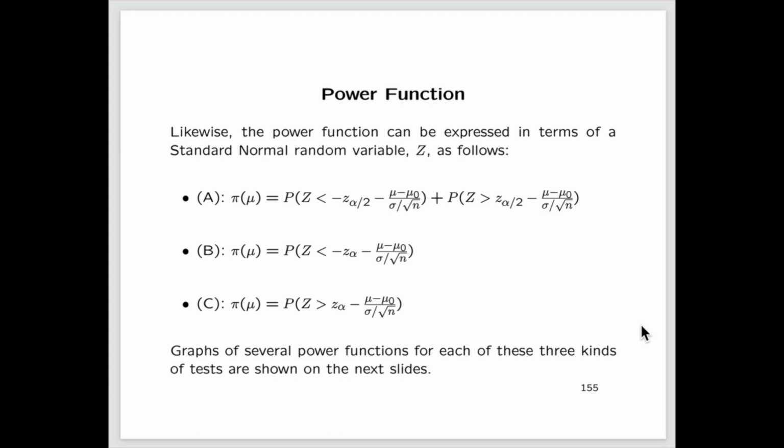Now, the power function can also be expressed in terms of a standard normal random variable z instead of z calc in the following way.